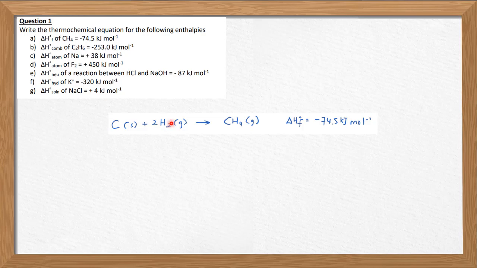So for formation, remember there are 2 standards. One is standard state, another is standard condition. So in this case, our focus will be on the product. So make sure this CH4 is in 1 mole. Next is the enthalpy of combustion for C2H6.